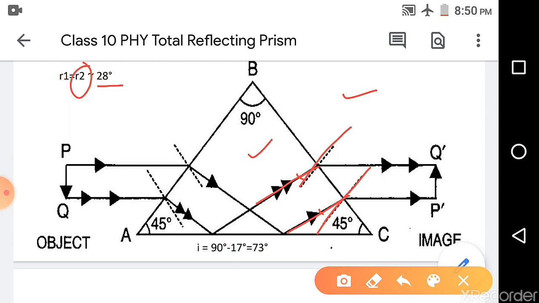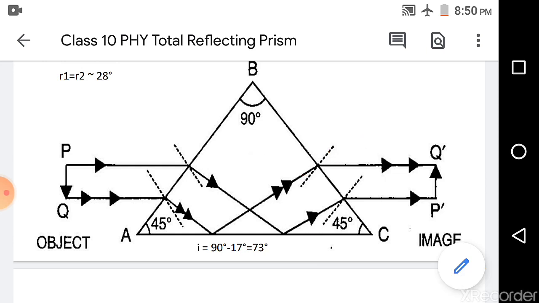That means the light ray is leaving the glass and entering air, and that's why it goes from denser to rarer medium. So it goes away from the normal, and that's why there is an increase in the angle of refraction here. Here it is R2, and this angle is again 45 degrees, and the light rays emerge parallel to the surface AC.